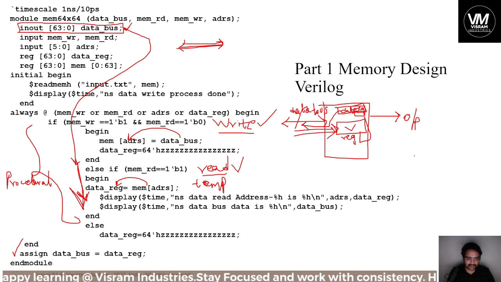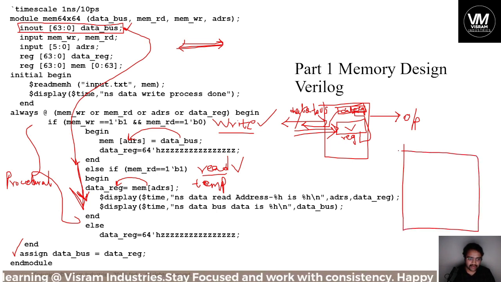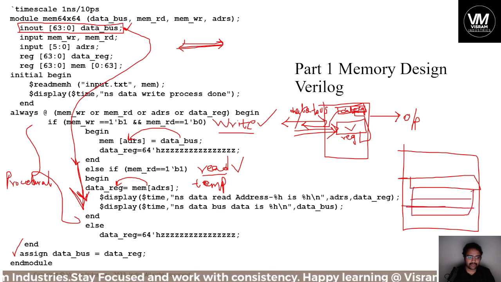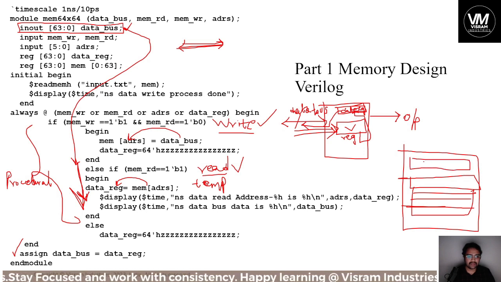Let me draw a diagram: you have a stack of registers here, and a temporary register, and you have a bidirectional data bus.